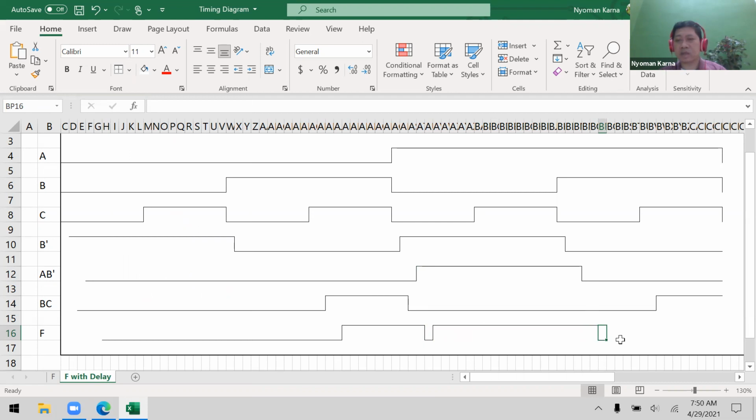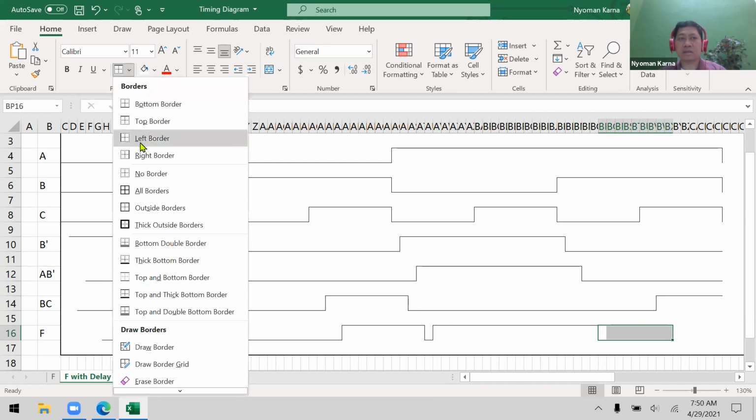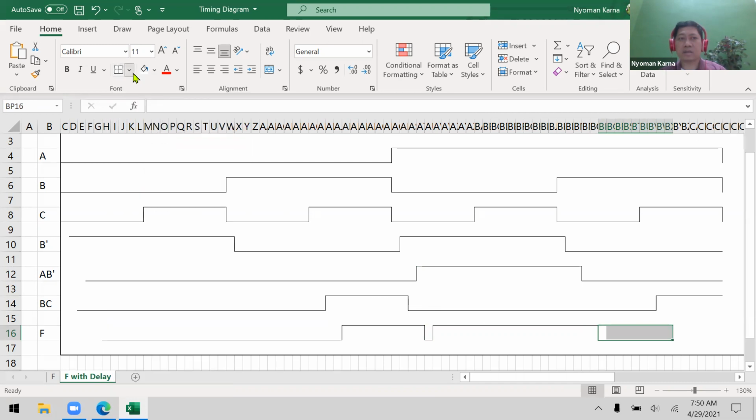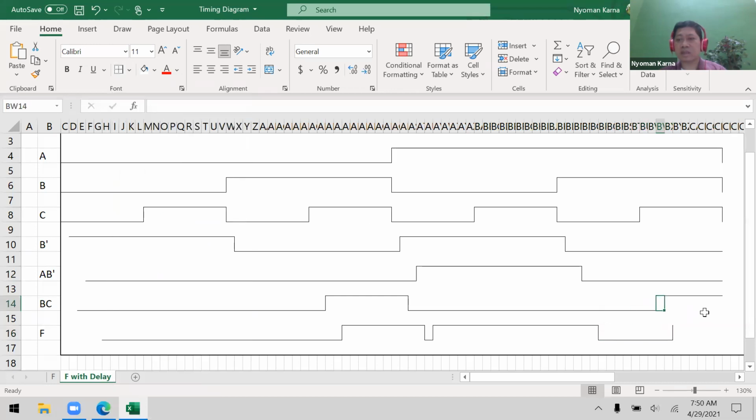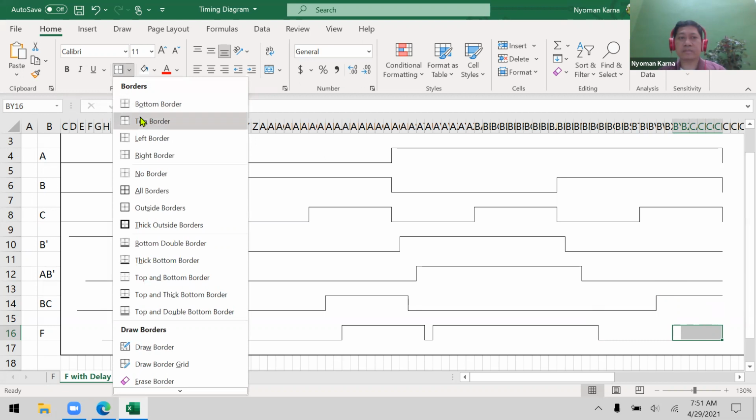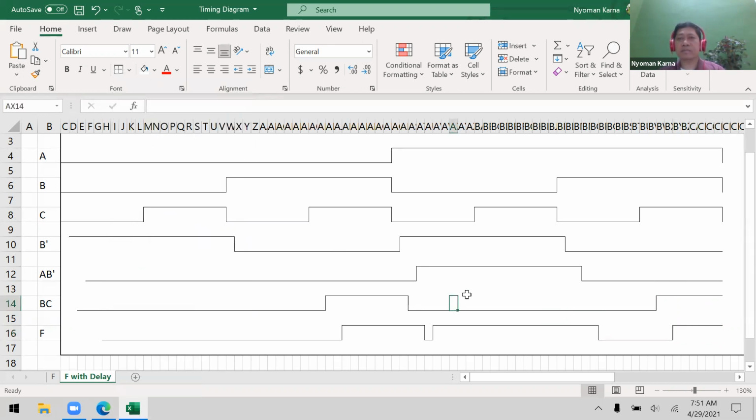And this will become 0. And this will become 1. Okay. So this will become the output of F when there is a delay within the logic gate.